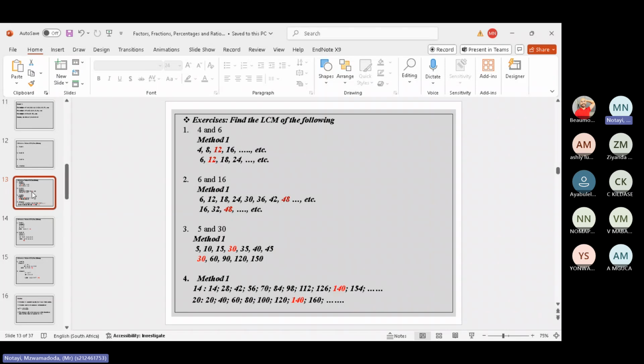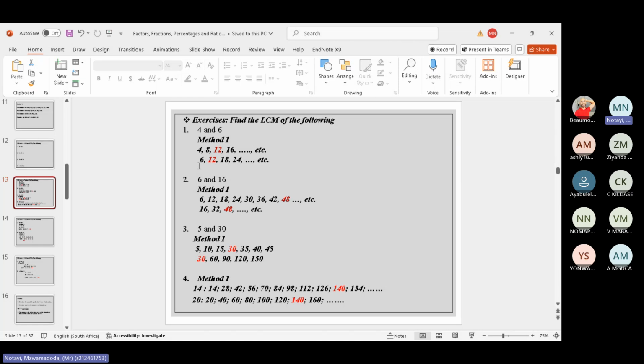Okay, number one, LCM of 4 and 6. The first method would be to list the multiples of 4 and then list the multiples of 6. 4 times 1 is 4, 4 times 2, 8, 4 times 3, 12, 4 times 4, 16, and so on.